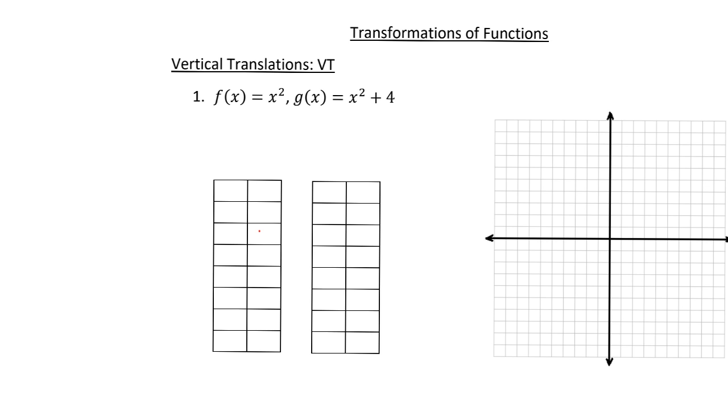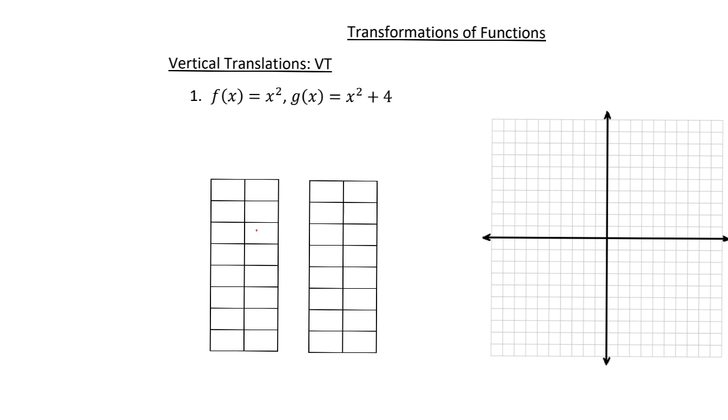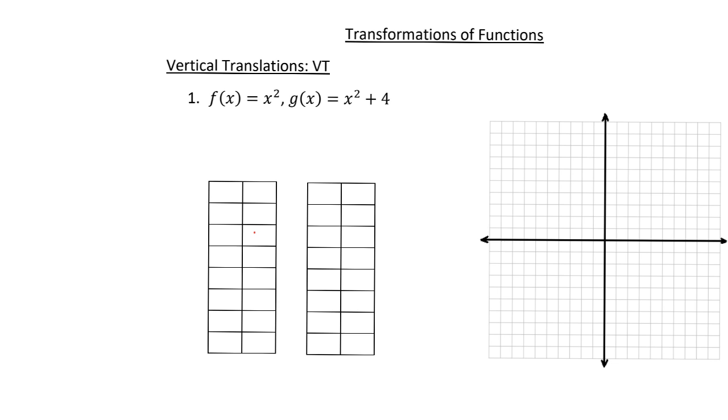So if you have a graphing calculator handy, you'll see that for each example, we've got a base function, f of x, and those are the ones that are in the previous lesson. So you should have some familiarity with what those look like and what their table of values looks like. And then you'll see another function that looks like the base function, but has one or more changes to it.